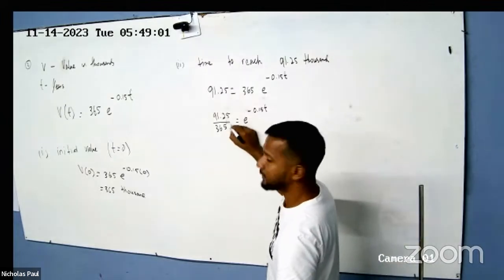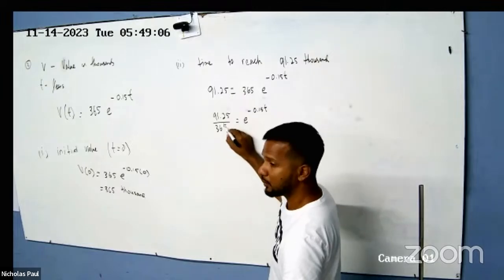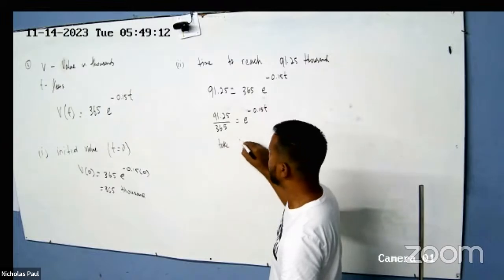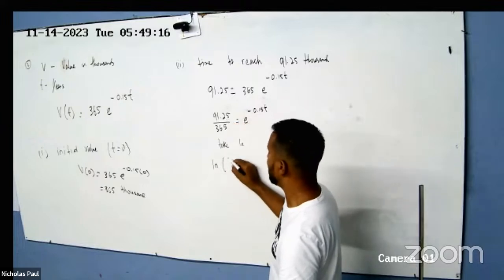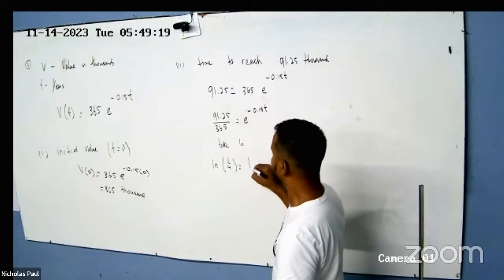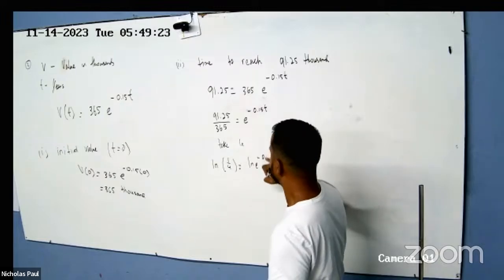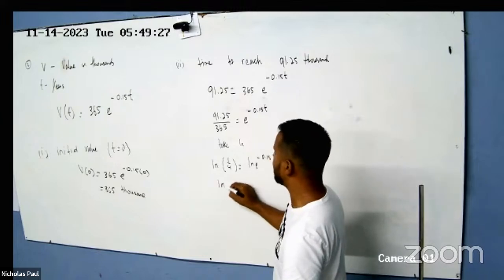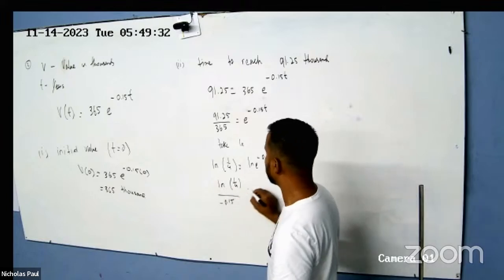How much is this? So we take ln. You take ln of a quarter, which is equal to ln e to the minus 0.15t. ln e cancels, so you'll get ln of a quarter all over minus 0.15.